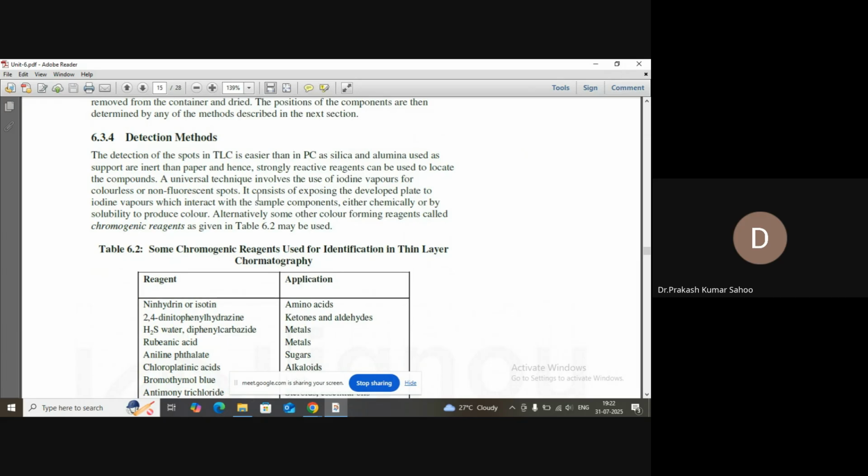The universal technique is iodine vapor. An iodine vapor chamber is just a small plastic box where iodine vapor is there, and if you put your TLC within that plastic box, then different spots are very prominently visible, and you recognize the components accordingly.